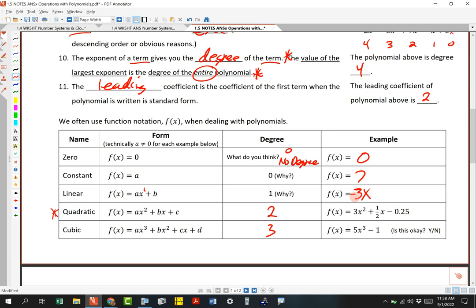Do you have to have the stuff that comes after it? Do you have to have a constant? No. So take a look at the very last one. We've got a quadratic right here, but take a look at the last one. Is that okay? Is it okay that we just have 5x to the third and then minus 1? Do we have to have everything in between?